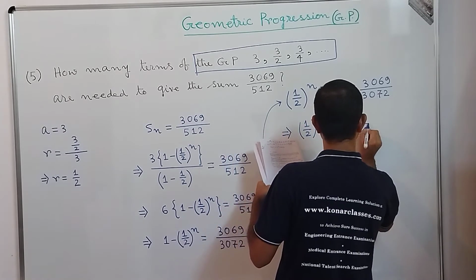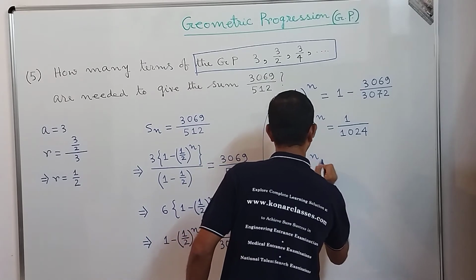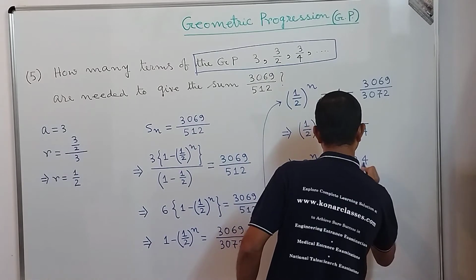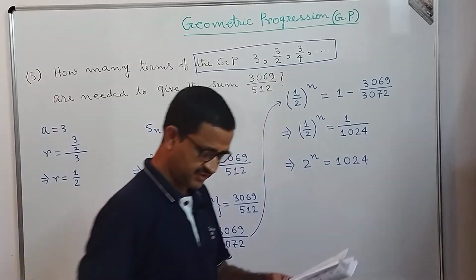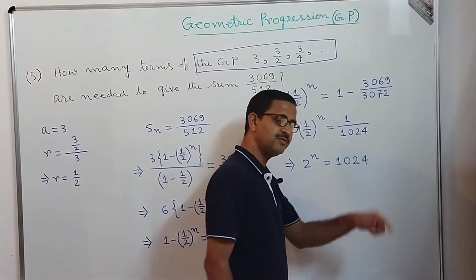So that means 2 to the power n is equal to 1024, and 1024 is a very important number which we can express as 2 to the power 10.